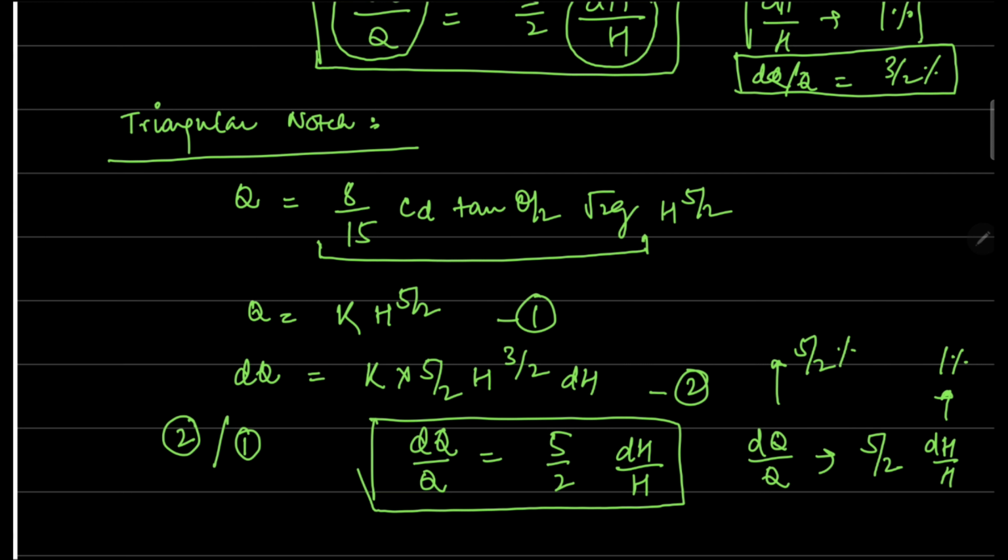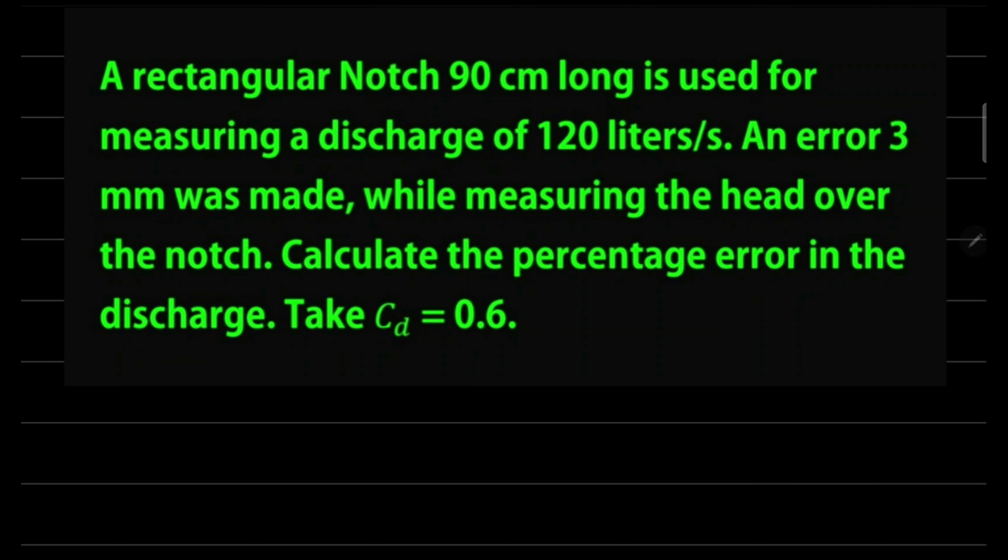So this is important: when you are using any triangular notch, you should be more careful, because it is very sensitive, that is 5 by 2 times, in comparison to the 3 by 2 times when we are using the rectangular notch.